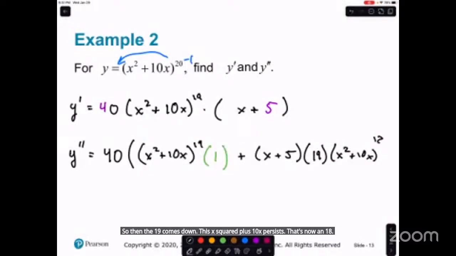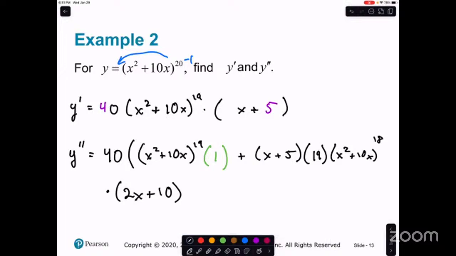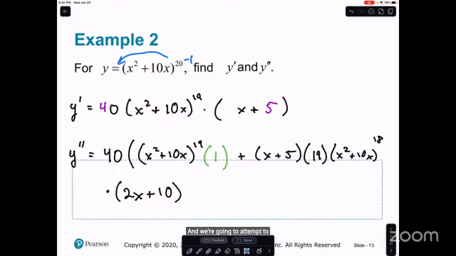And we have to say times the derivative of the inside function, which is this 2x plus 10. I'm going to shrink this down just to get it on one line. And we're going to attempt to simplify this.